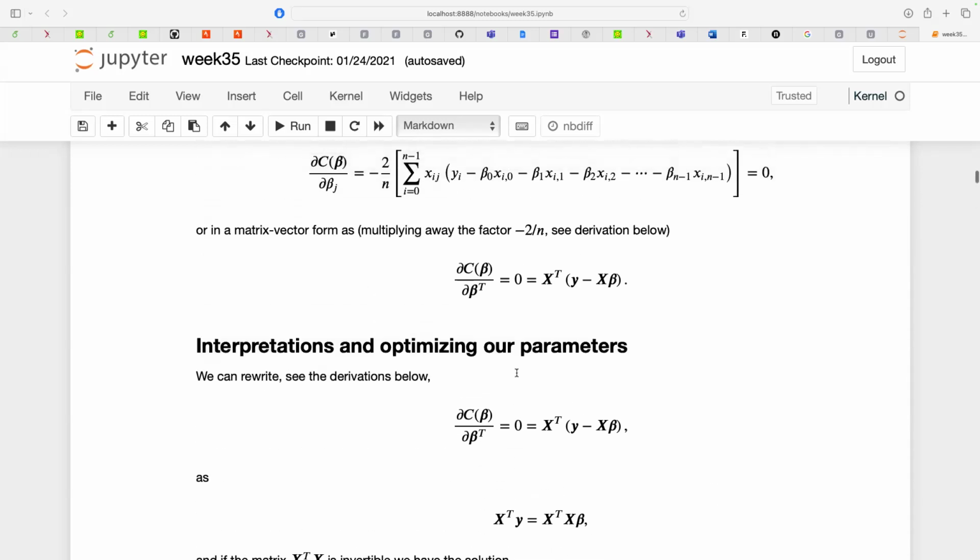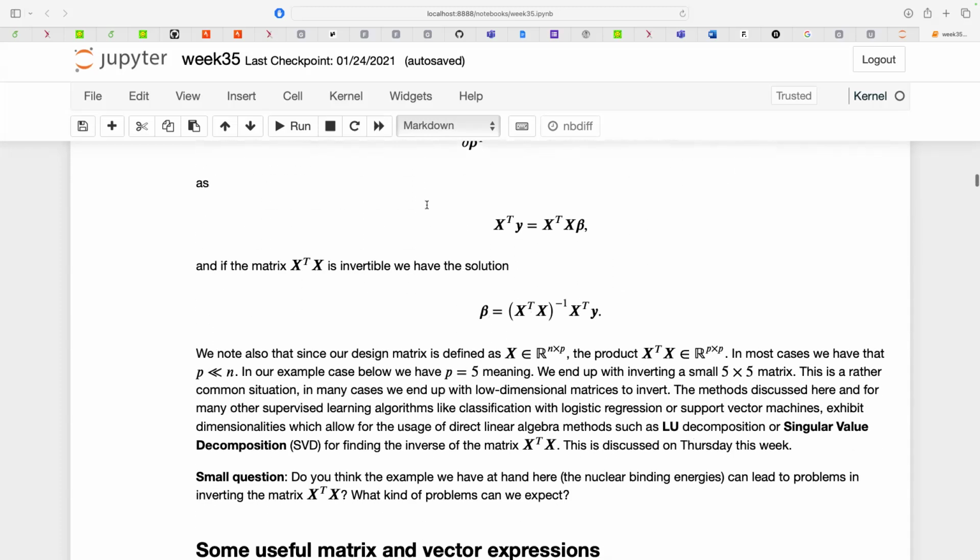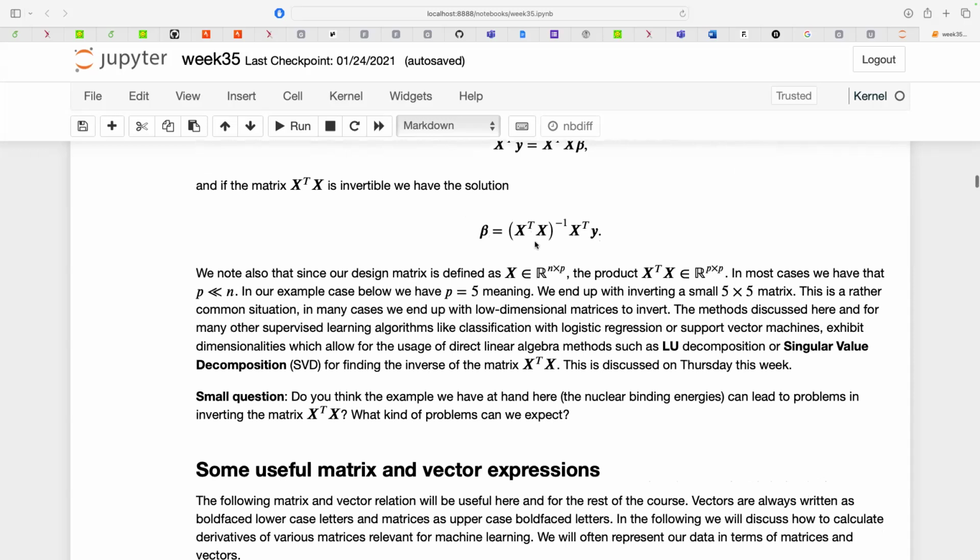So if you want, you can just stay with these equations here, or you can write everything in a more compact way, like a matrix inversion problem. And that's typically the way you would do your first machine learning task, where you learn the optimal parameter beta by inverting a matrix.